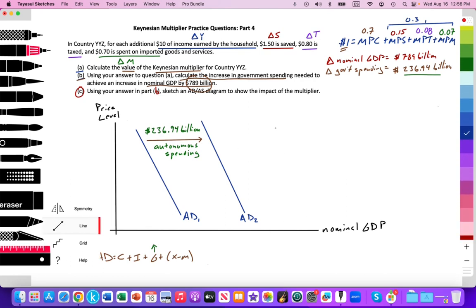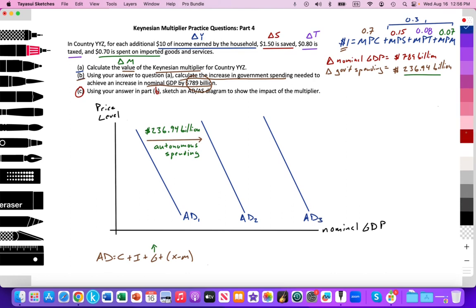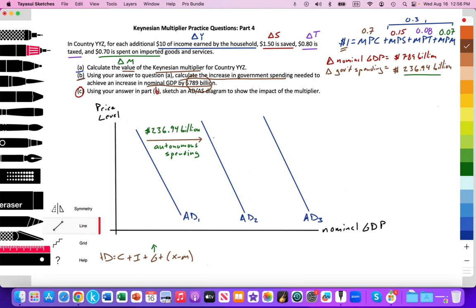Then the multiplier effect takes hold. AD continues to shift out from AD2 to AD3. So I'm going to label that. So here we have a further increase. And that's going to be called induced spending.